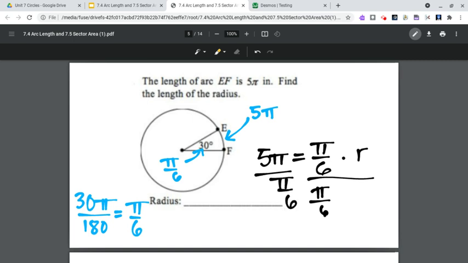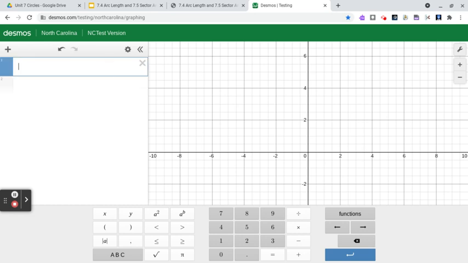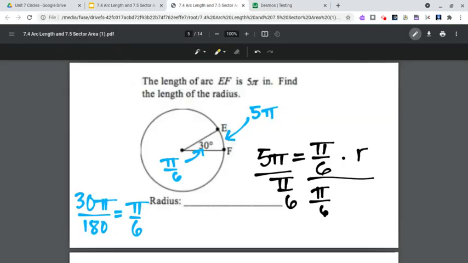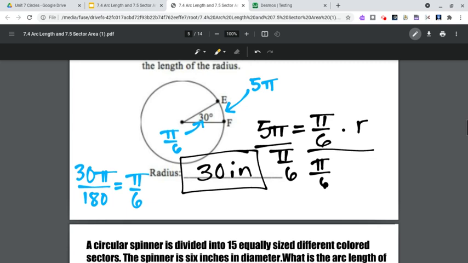Go to Desmos, 5 pi divided by pi over 6, and I get an r value of 30. So r equals 30 inches. Okay, let's keep going.